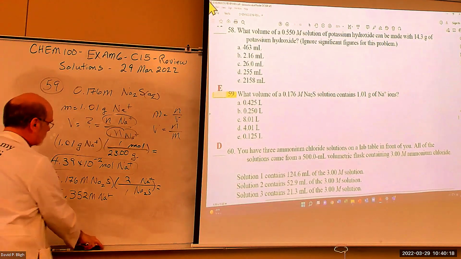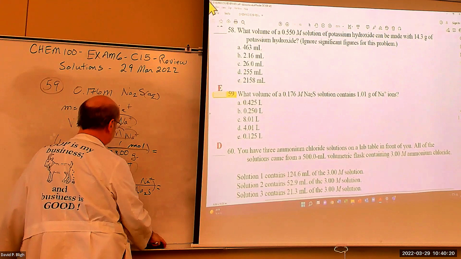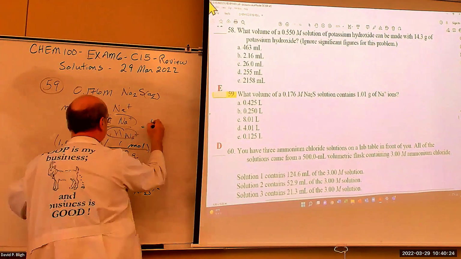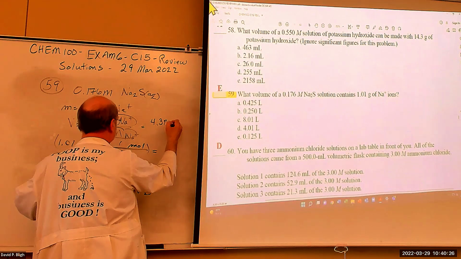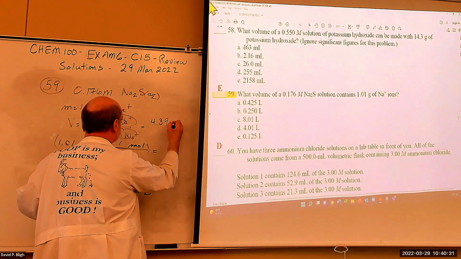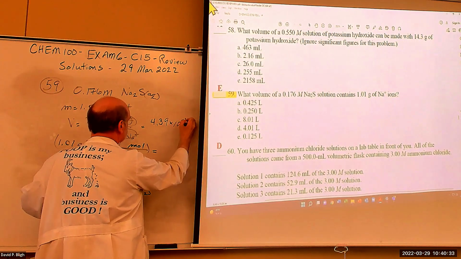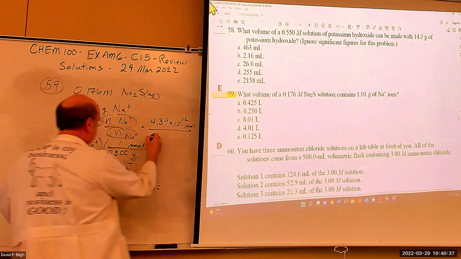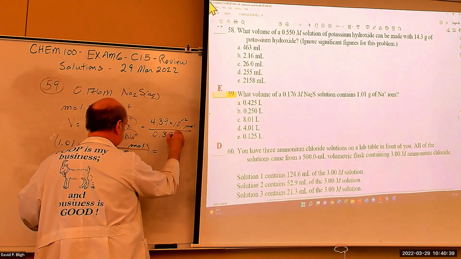Now we just have to say moles of sodium ions, 4.39 times 10 to the minus 2 moles, divided by 0.352 molar.